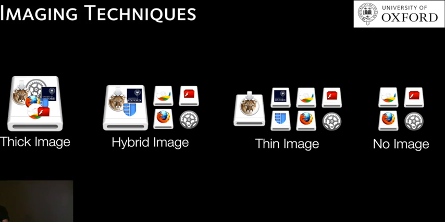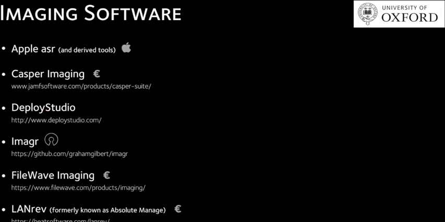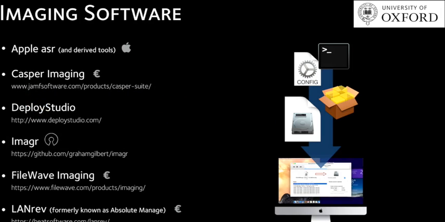And as you might imagine, in combination with DEP, especially if you're not interested in imaging, so you're not changing the base OS on the system at all, you probably don't even need to netboot anymore. You just install that software via your mobile device management and your management framework.